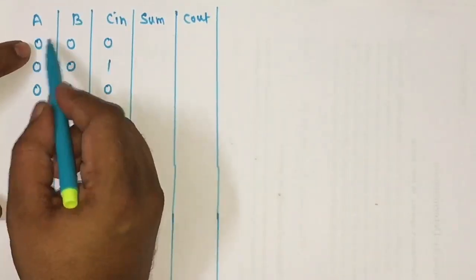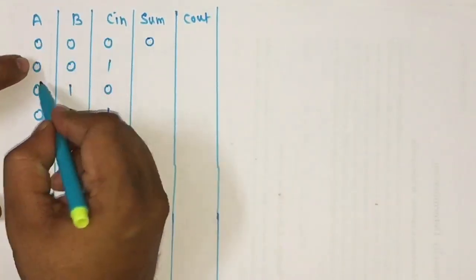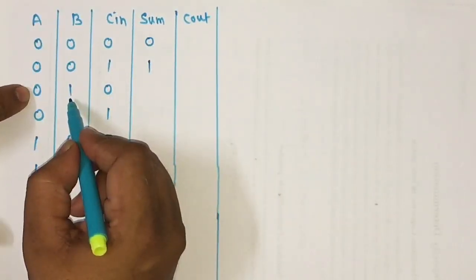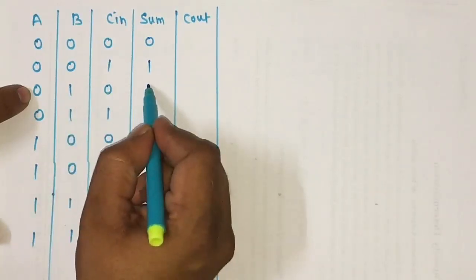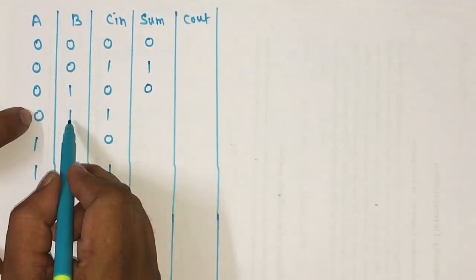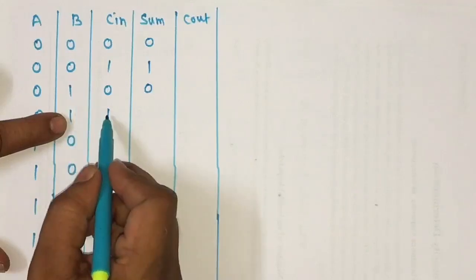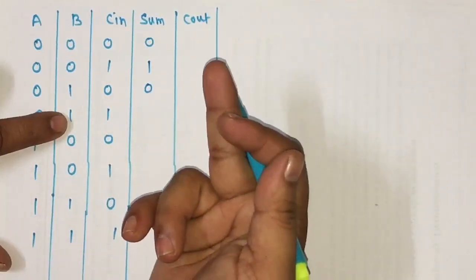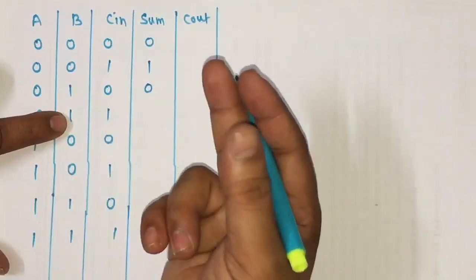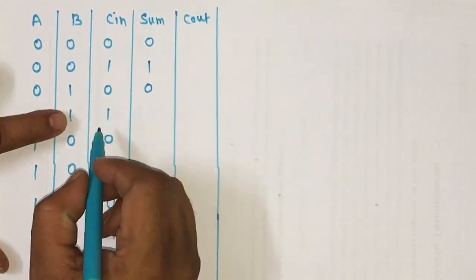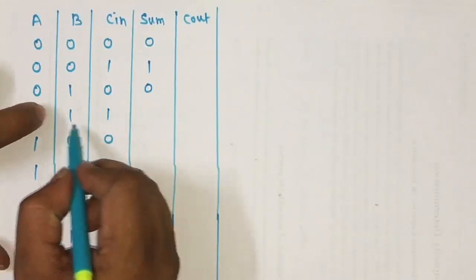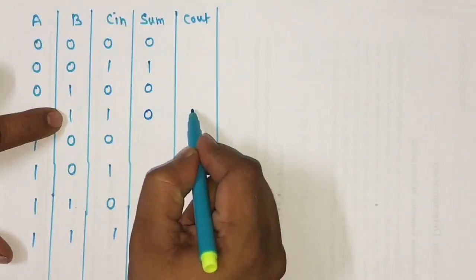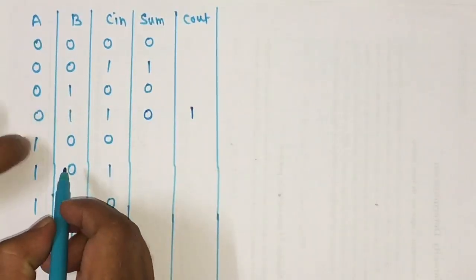For the sum: 0 plus 0 is 0, 0 plus 0 is 0, 0 plus 1 is 1, 0 plus 1 is 1, 1 plus 0 is 0 again. Whenever 2 ones are there, the carry is generated, or if 3 ones are there, the carry will also be generated. So 1 plus 1 is 0 and the carry is generated, so we write 1.